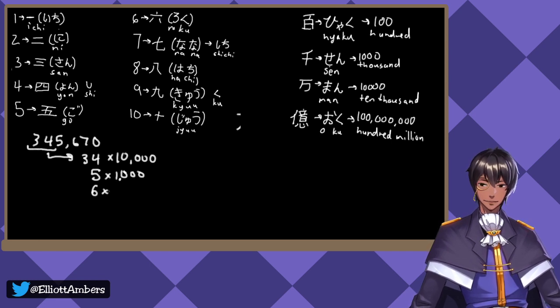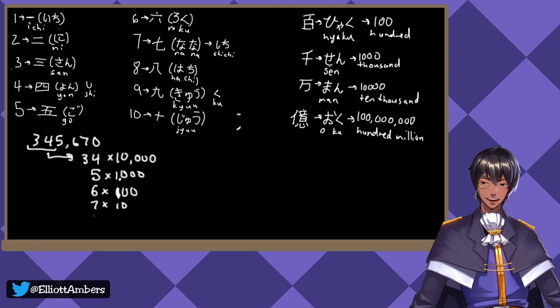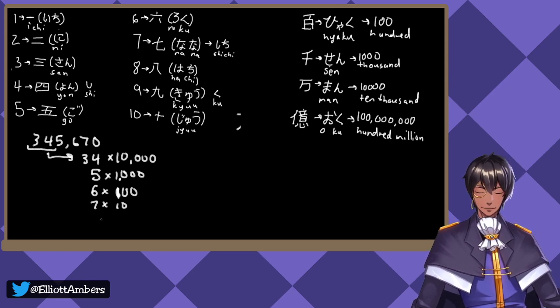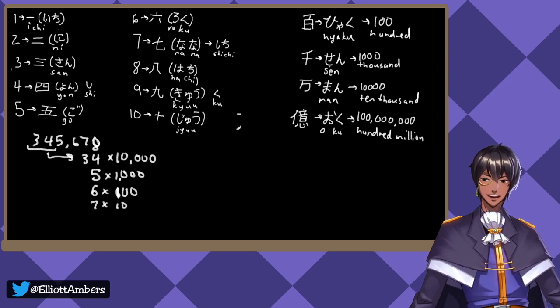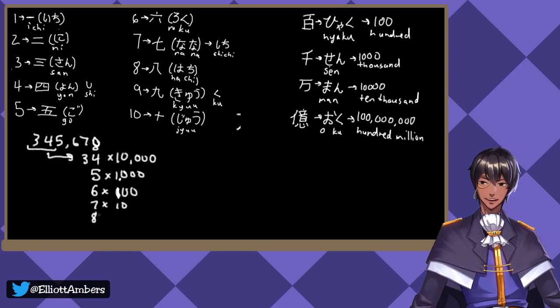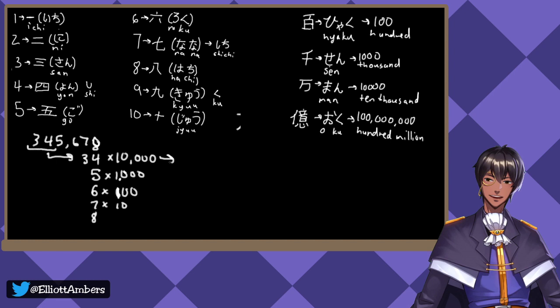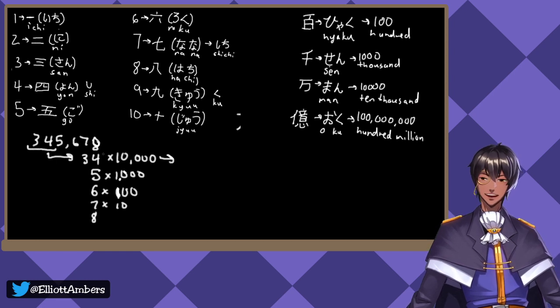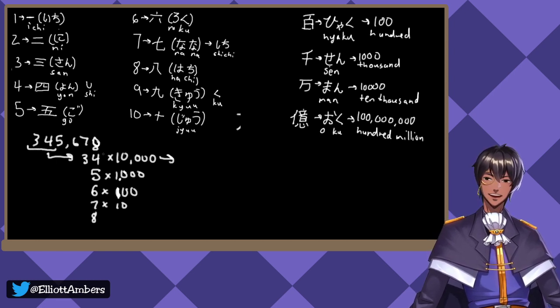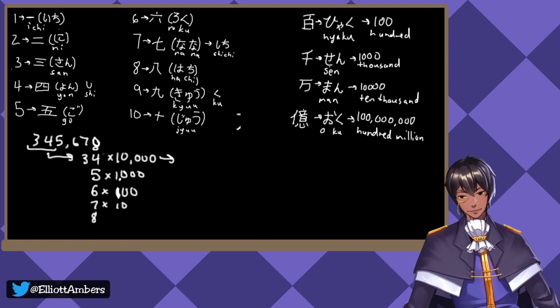5,000 times 600. 6 times 100. 7 times 10. And then, oh, this is supposed to be 78. And then 8. So the way we would write this out, we have 34 times 10,000.